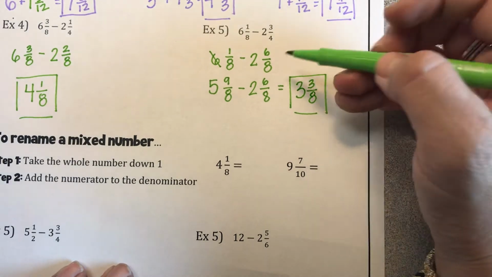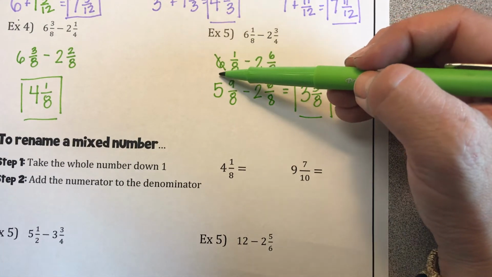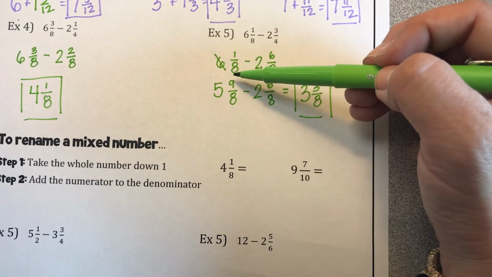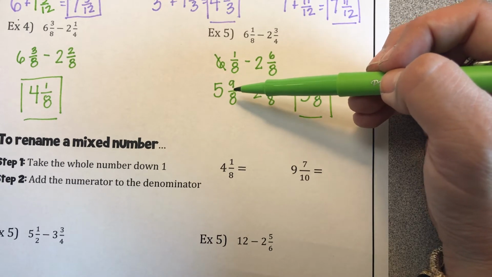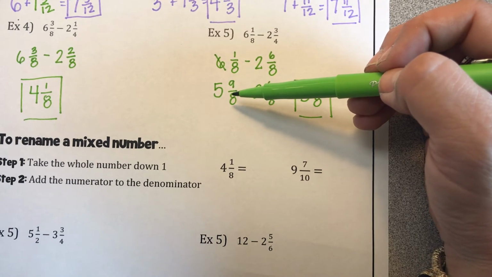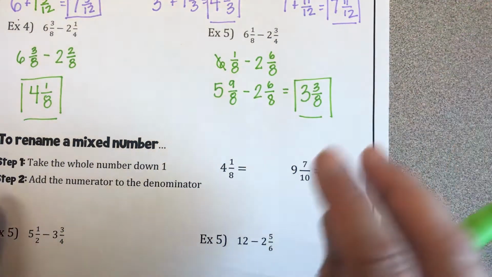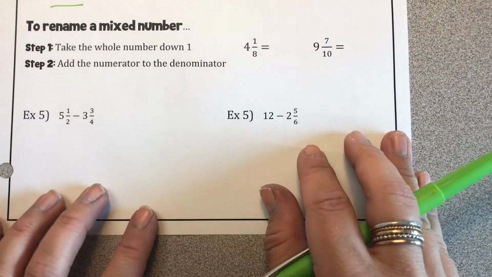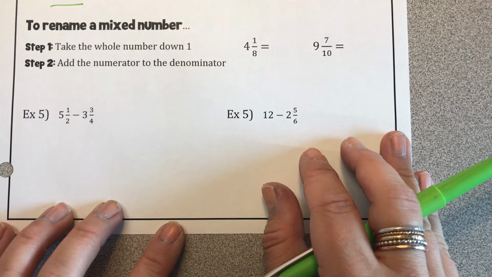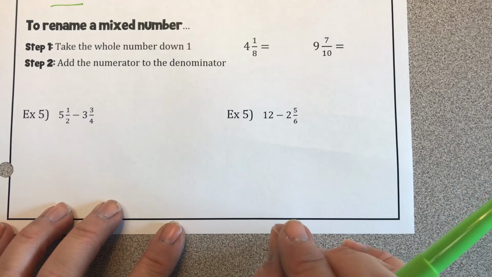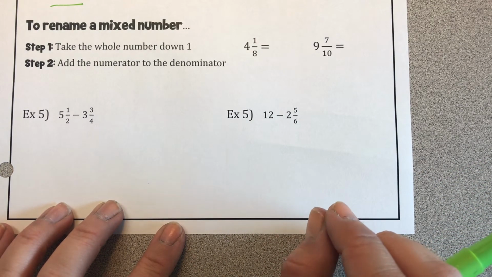Okay, what I just did by taking this whole and cutting it into pieces is called renaming. Okay, I didn't change the amount I had, I just called it something else. So let's practice to rename a mixed number. We're going to take the whole number down 1 and then add the numerator to the denominator.